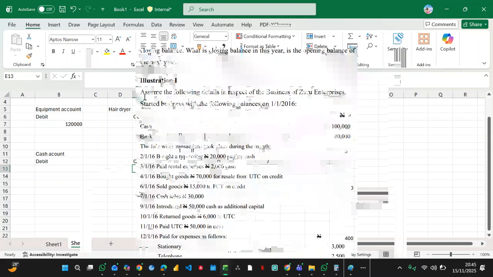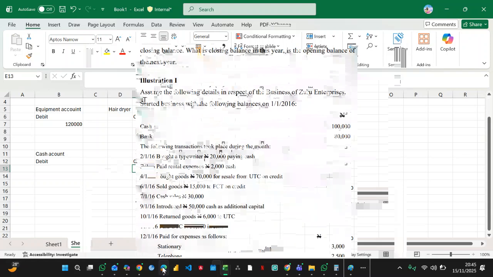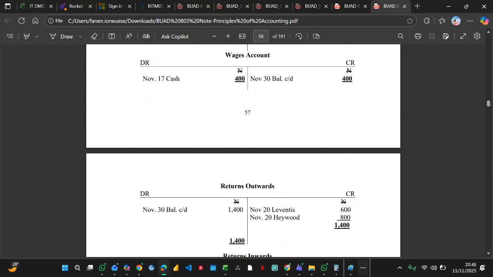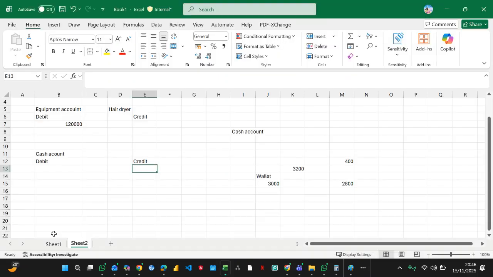Let's look at one example here. We are looking at this in a very layman understanding.